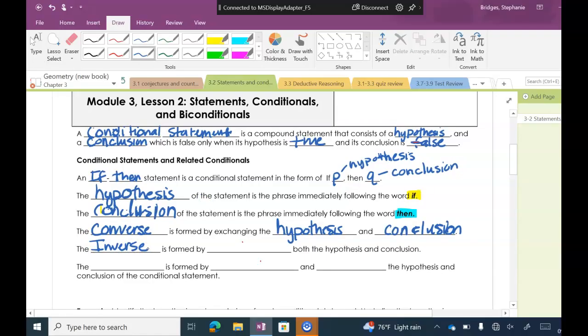The inverse of a conditional statement is formed by negating both the hypothesis and the conclusion.